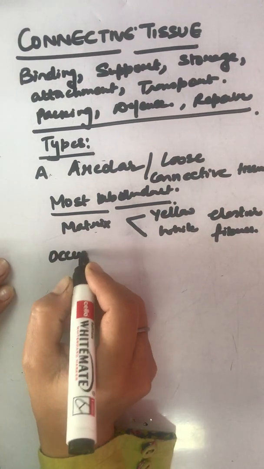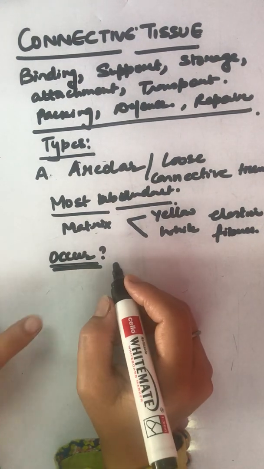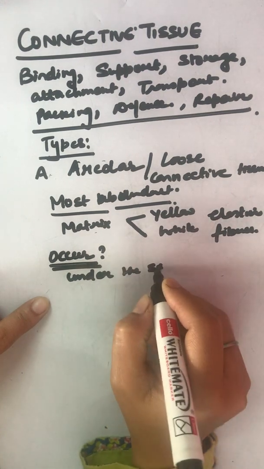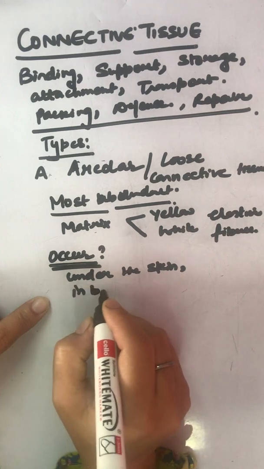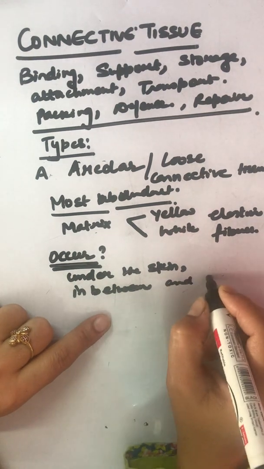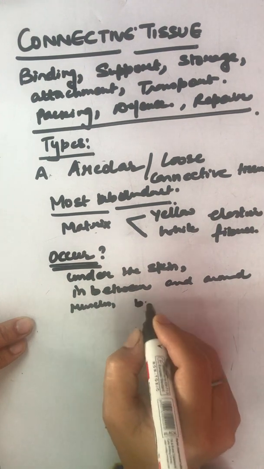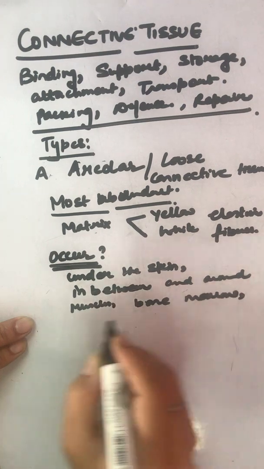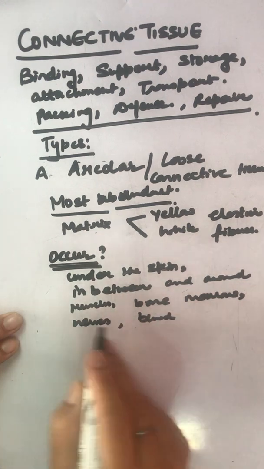Where does it occur? Its occurrence is basically under the skin, in between and around muscles, in bone marrow, nerves, blood vessels. It's around them.